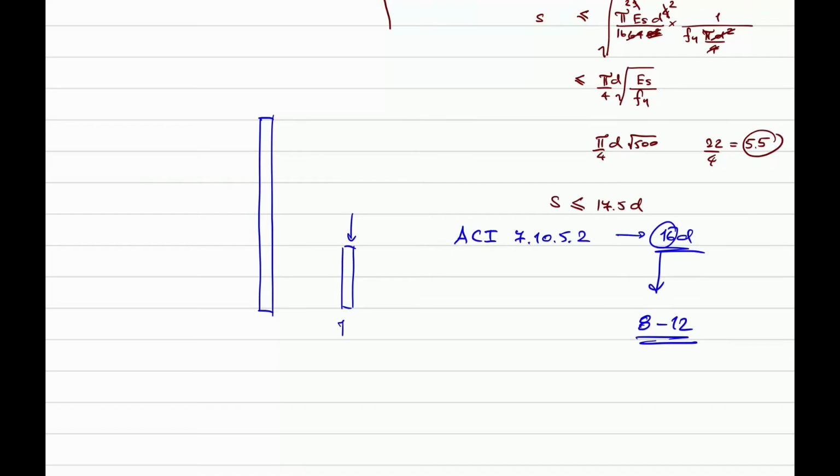A slender column has a larger second order effect, so it tends to buckle when the column has a moment component. When the component is large, then in your cross section, in some zone, one side is under high compression and the other side is in tension. So this high compression is very high compared to P over A. So for a case like this, that could be the rationale.